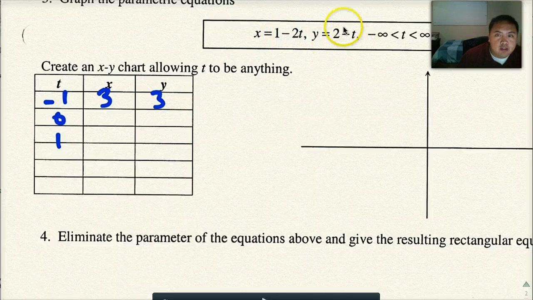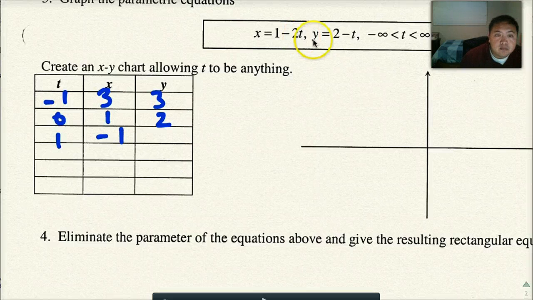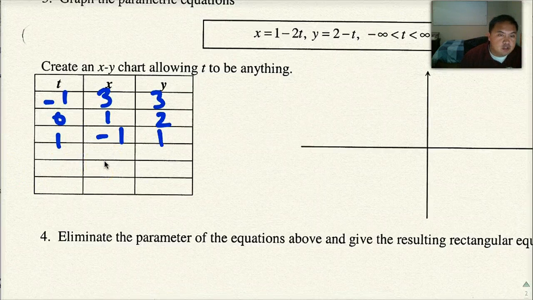If I plug in 0 here, this disappears, I get 2. And the last one, if I plug in 1 here, I get 1 minus 2, which is -1. And if I plug in 1 here, I get 2 minus 1, which is 1. Again, you should graph more spots, but for the sake of this video, we're just going to stop there.